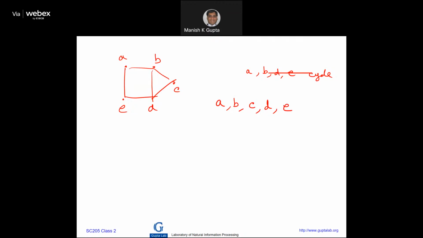It is a cycle, right? You can walk like a cycle. What about B, E, D? Is it a cycle? Of course, it is not a cycle. You cannot walk, right? You cannot jump. So this is not a cycle.